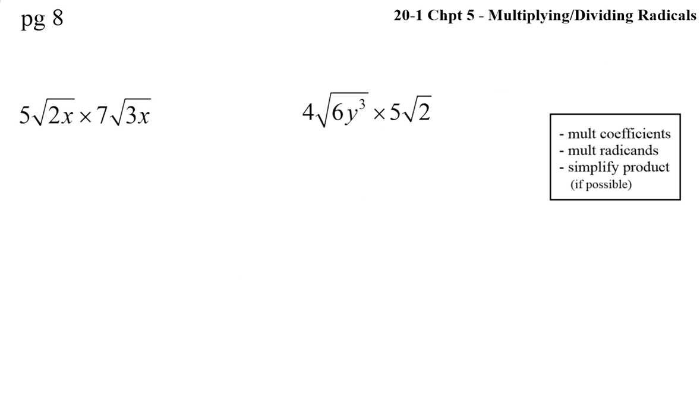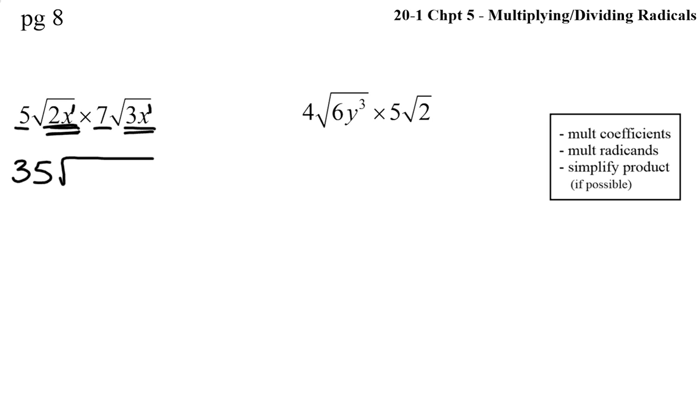Now these questions can become a little bit more complicated. Take a look at questions that involve variable components. The process doesn't change, but the math becomes a little more complicated. 5 times 7, there are our coefficients. And now we multiply radicals. Remember, when we're multiplying variable components, we add exponents on like bases.